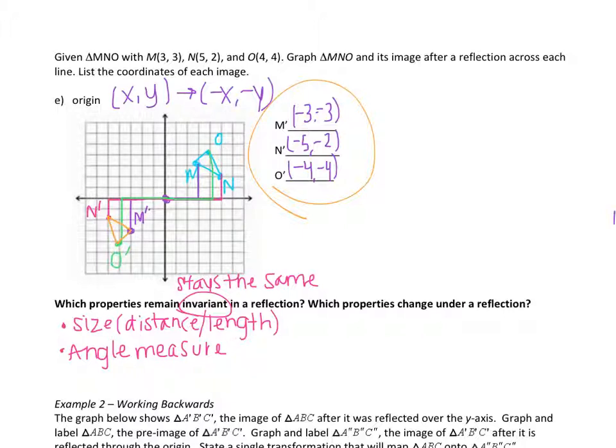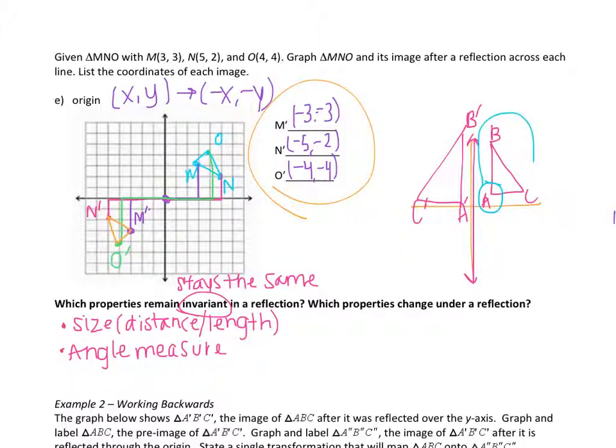When we think about reflection over a line, so say I want to reflect this triangle ABC over the y-axis here, it would become A prime, C prime, B prime. So if I'm looking at the orientation, I have A and I go clockwise would give me triangle ABC.